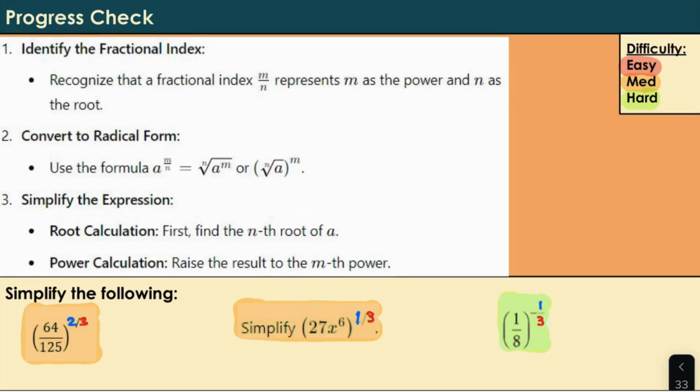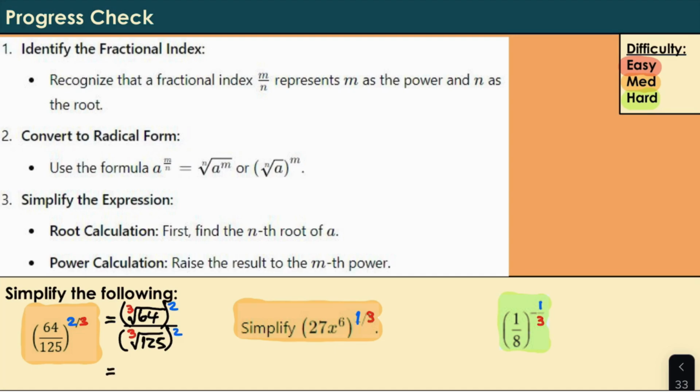Progress check part 2. Have a go yourselves, then check your answers with mine. So first we see the fractional index 2 over 3. We know we need to apply the power of a quotient rule. In our numerator, we have the cubic root of 64, which must be squared, divided by the cubic root of 125, which should also be squared.